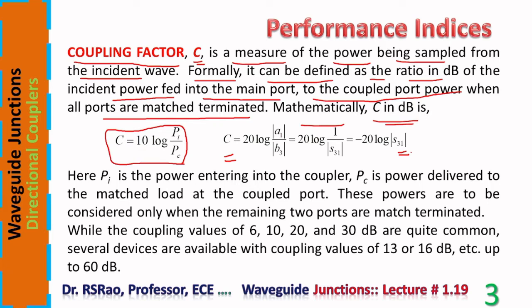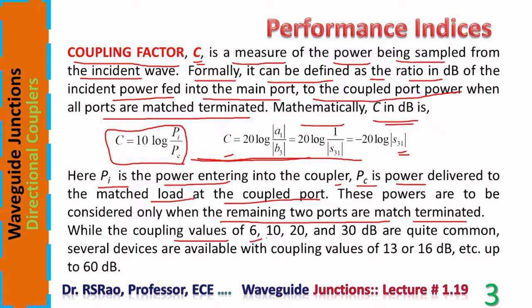It is not difficult to understand the connection between these two mathematical defining relations. Here, Pi is the power entering into the coupler. Pc is the power delivered to the matched load at the coupled port. These powers are to be considered only when the remaining two ports are match terminated. While coupling values of 6, 10, 20, 30 dB are quite common, several devices are available with coupling values of 13 or 16 dB etc. up to 60 dB.